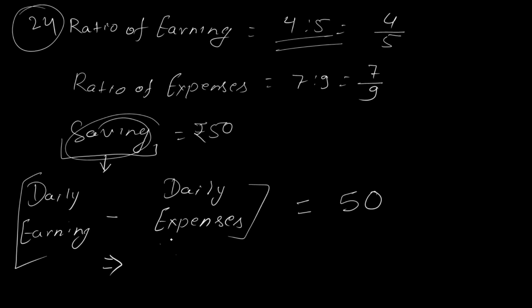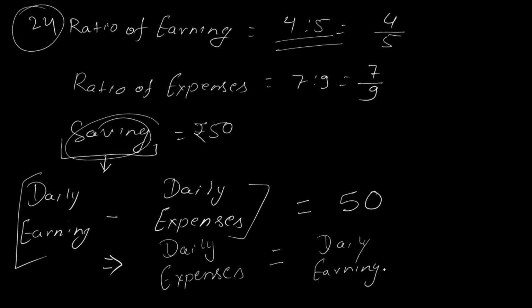So daily expenses I have brought this side, then minus has become plus. So daily expenses equal to daily earning minus 50. Am I right?